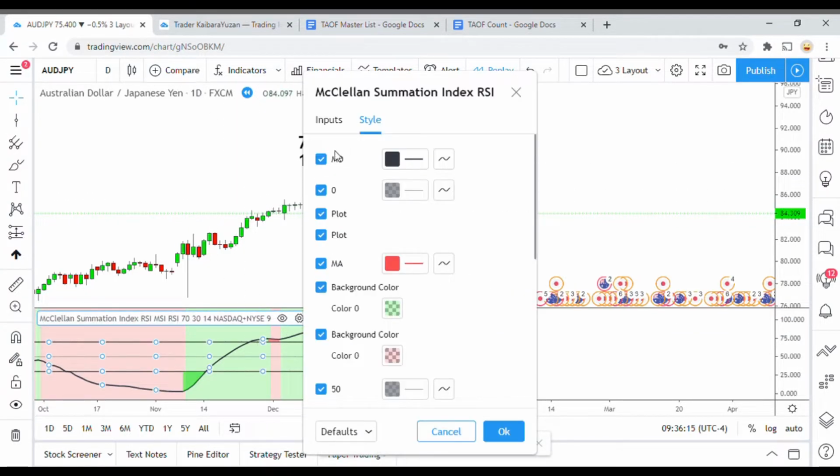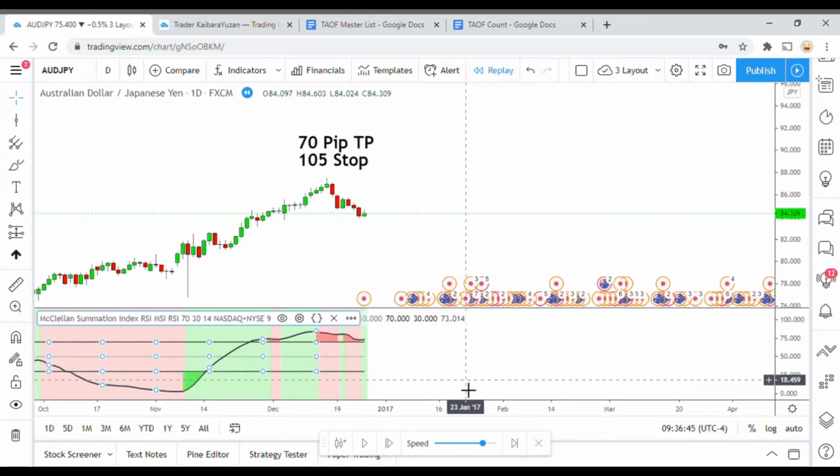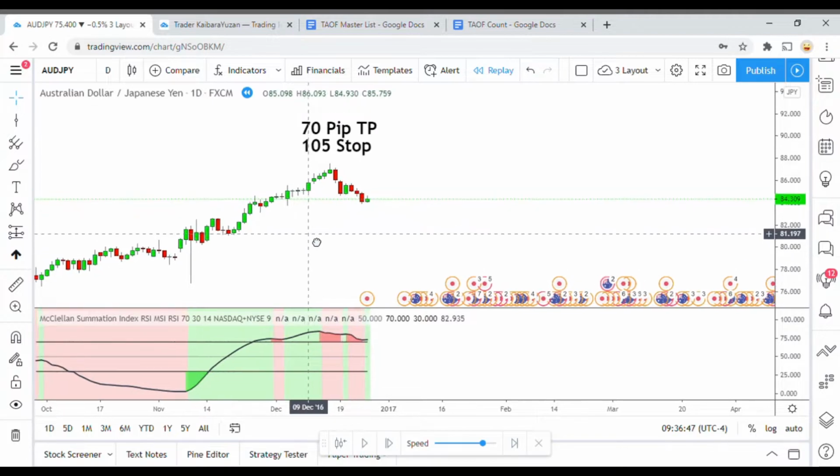Now, there are actually two versions of this that you can go into the inputs and change from the MSI RSI to the MO, which I believe is the oscillating version. I don't like the MO. I think it's really erratic and super spiky. And so after looking at this a few times, I'm sticking to the MSI RSI version of this.